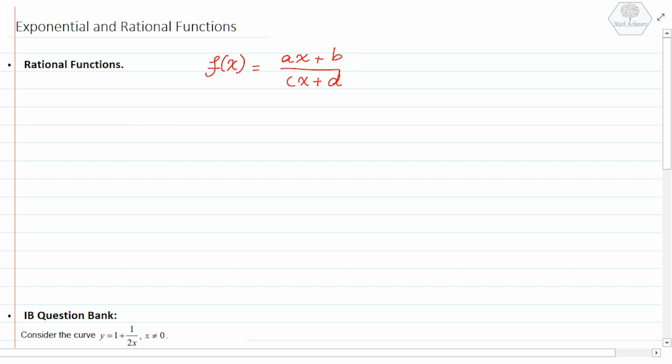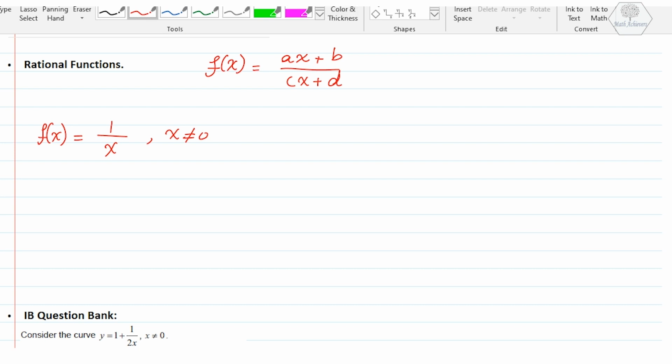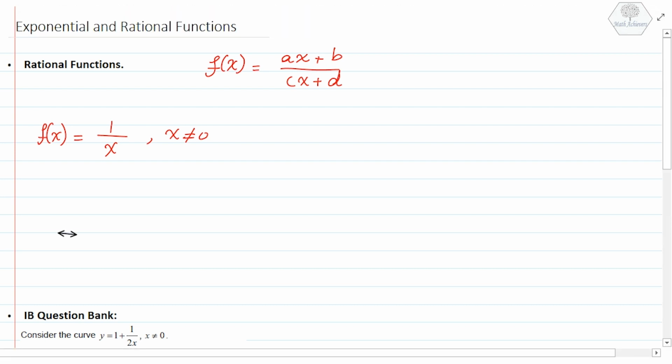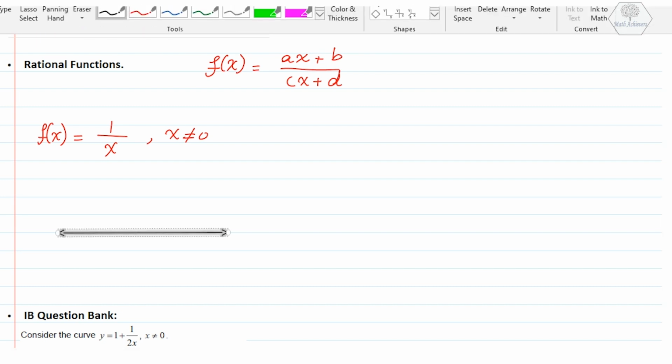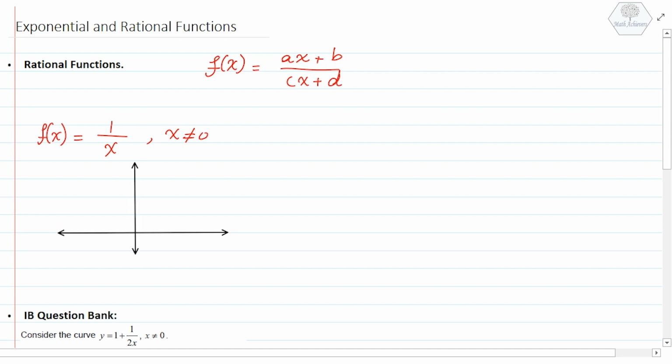Let's say we want to draw the function f of x equals 1 over x, and in this case I have to exclude the 0. This is the shape of my function.